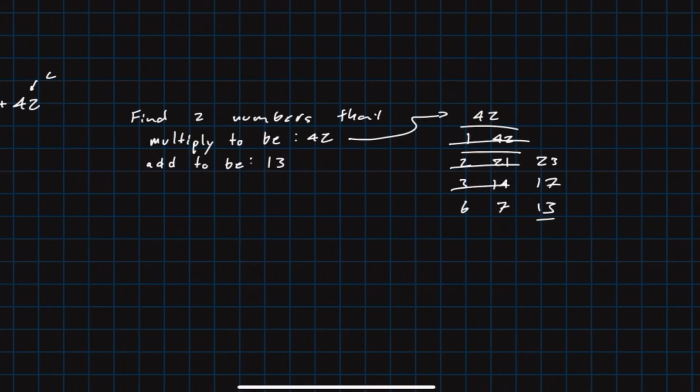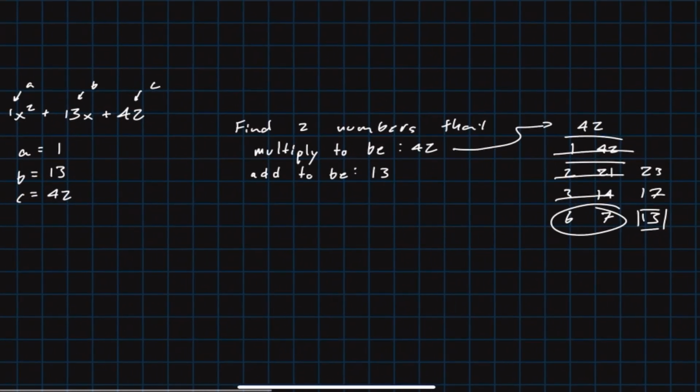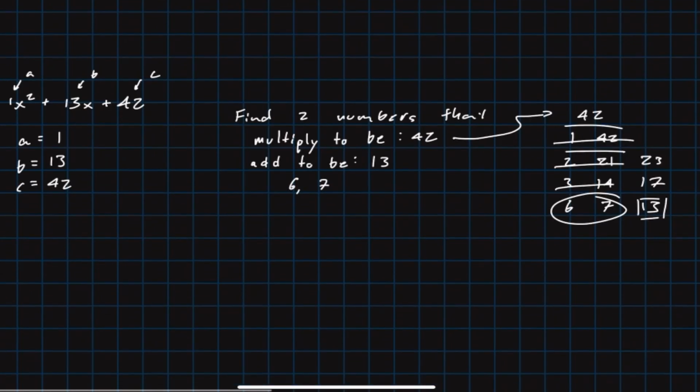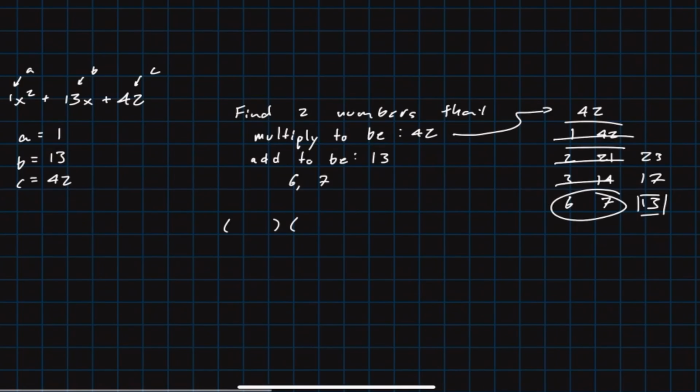Now, this is our b value, so we know that 6 and 7 are the two numbers that multiply to be 42 and add up to be 13. So we'll just write those down right here. And remember, when we're going into our factored form, it's going to be of the form this, and we're going to plug these numbers directly in.